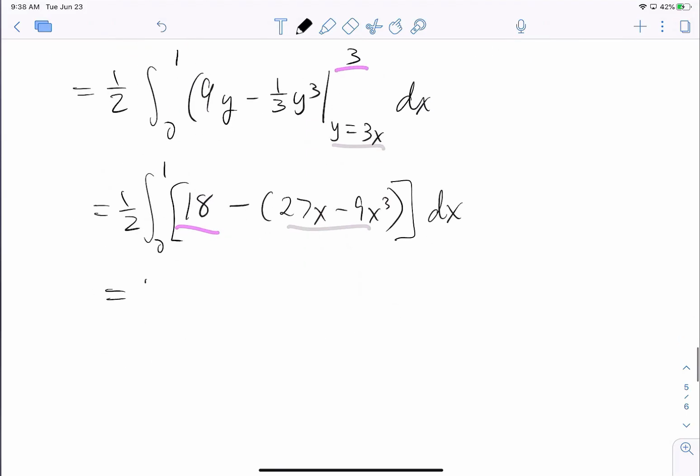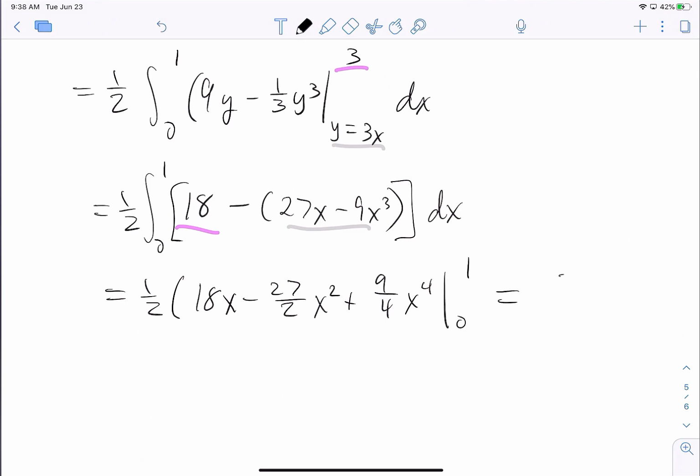Integrating with respect to x gives us 1/2 times the quantity of 18x minus 27 halves x squared plus 9/4 x to the 4th, evaluated from 0 to 1. The arithmetic there is going to give us 27/8 as our final answer.